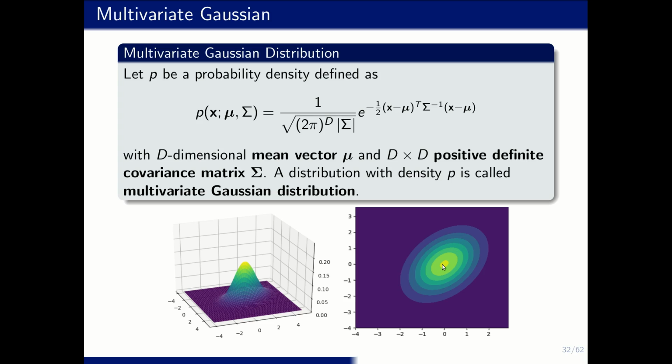Here yellow means high density and blue means low density. So the color indicates the height of the density, so to speak. So this is the definition of the multivariate Gaussian, a pretty similar form as in 1D.